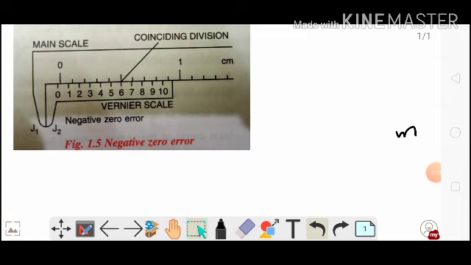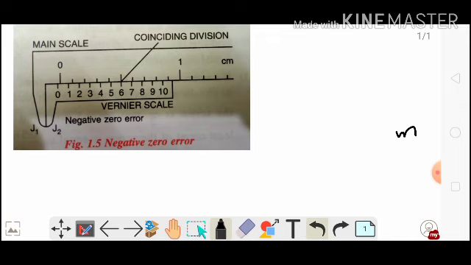Now let's see the negative zero error. This is the negative zero error. You can clearly see from the picture that the zero mark of the vernier scale has crossed the zero mark of the main scale. So how will you calculate the negative zero error then? The method is almost similar. You have to find out first which division in the vernier scale is coinciding with one of the divisions in the main scale. From the figure it is the same, the 6th division, but to take the reading you have to subtract the value from 10.